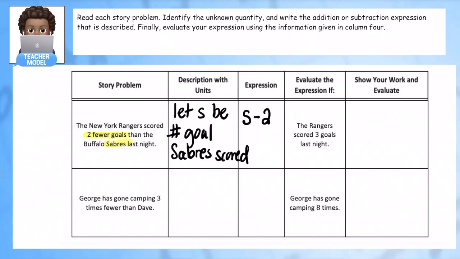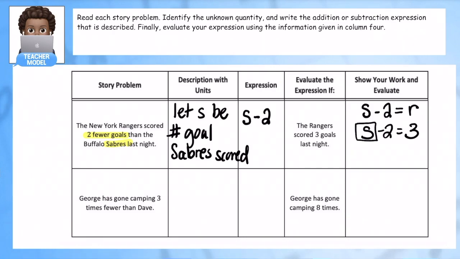The Rangers scored 3 goals last night. So this is interesting because S is what the Sabres scored, and this will help us figure out what the Rangers scored. So what do we know? We know that the Rangers scored 3 goals. So then how much did the Sabres score? Well, what would make this true? I know some kids will think it has to be either 5 or 1.